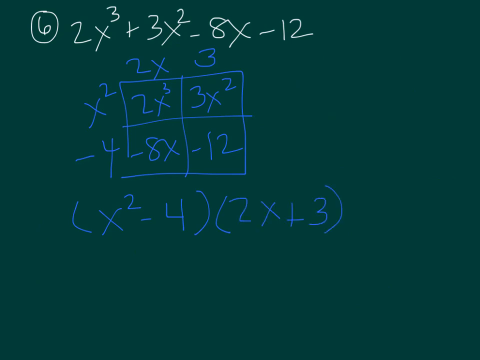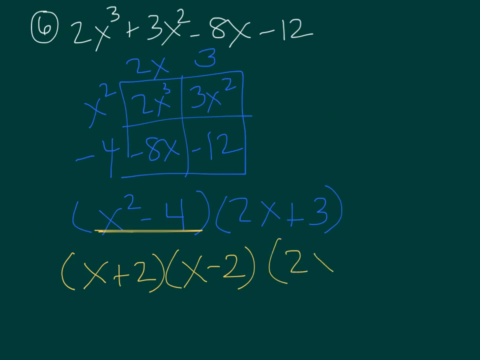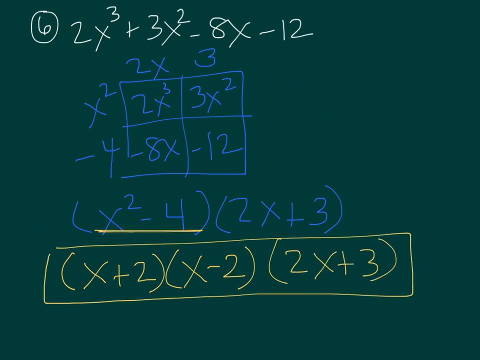And then all you need to recognize here is that this is a difference of squares, so that factors to x plus 2 times x minus 2, and then we'll keep our 2x plus 3. So this is your final answer. I gave you a point if you got to here. If you didn't recognize that this was a difference of squares, you can always use a trinomial to factor it, so x squared plus 0x minus 4, and then you'll just factor.